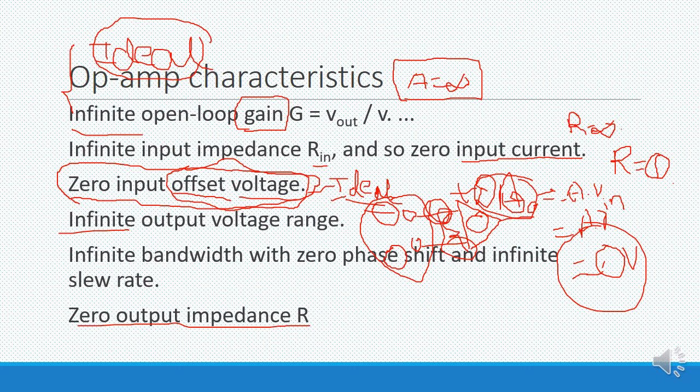The same characteristics are there for the practical op-amp, and in detail we are going to study the definitions of CMRR and slew rate. Just remember, slew rate and CMRR are equal to infinity for the ideal operational amplifier.